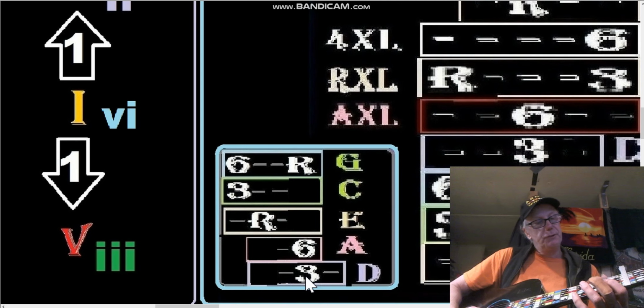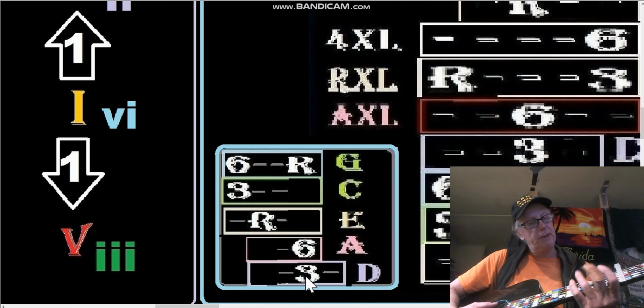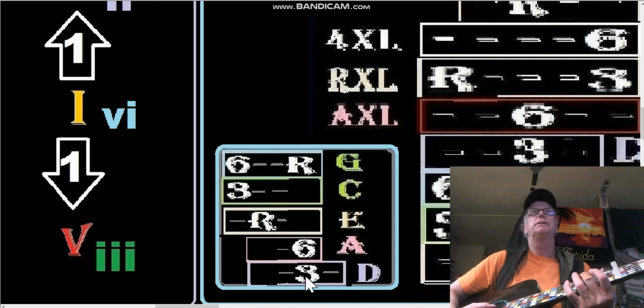Now we're going to just do B as the 3rd, which is C, and then E as the 6th to root like that. And we made our A minor, our E minor there once again.